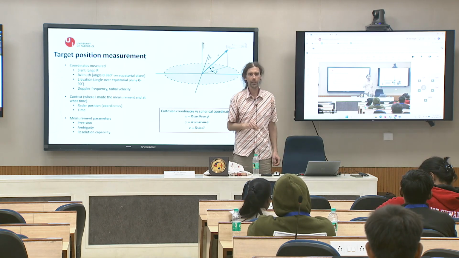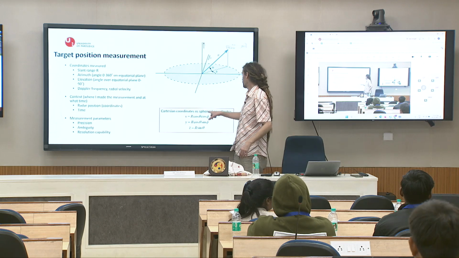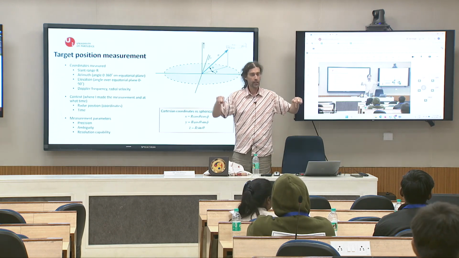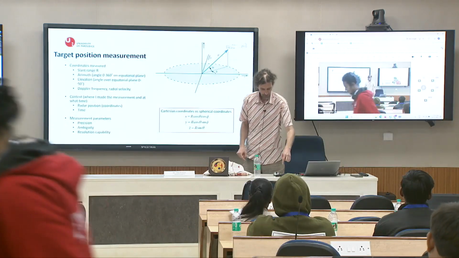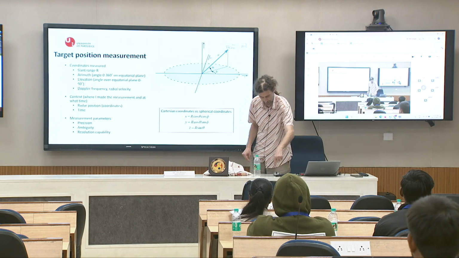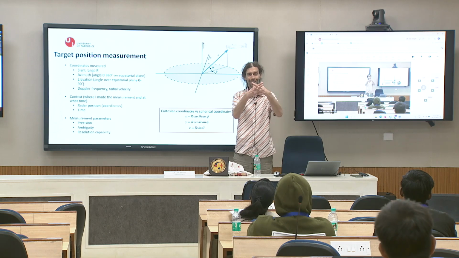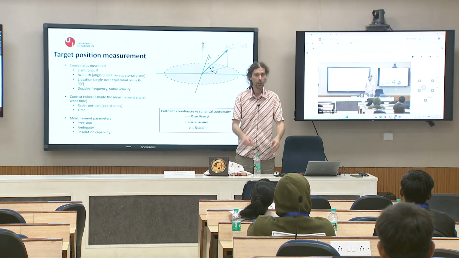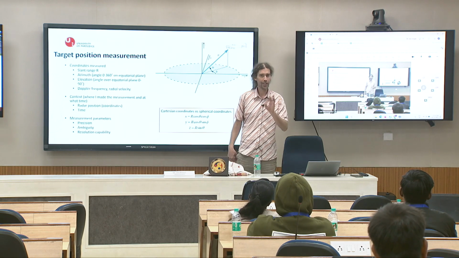Imagine that you have two independent radars and each one works in spherical coordinates. Imagine this is the first and the second radar, and there is a target. For this radar the target could be at 12 kilometers, for the other 5 kilometers. How can you connect them together? It is the same target, and you get two different ranges, because you are working in two different spherical systems.